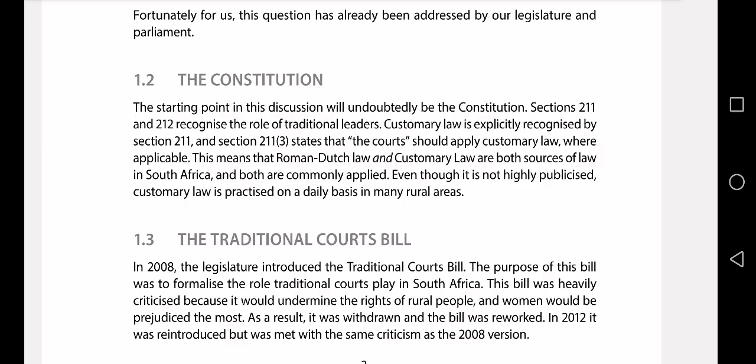This means that Roman Dutch law and customary law are both sources of law in South Africa, and both are commonly applied. Even though it is not highly publicized, customary law is practiced on a daily basis in many rural areas.